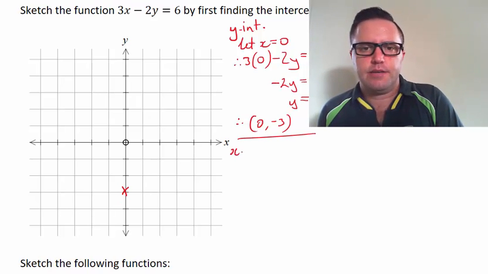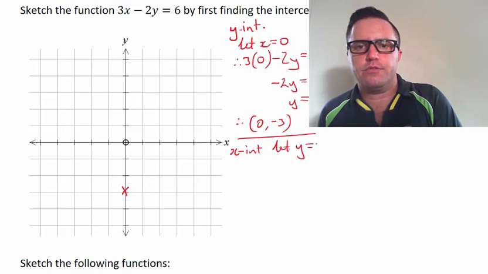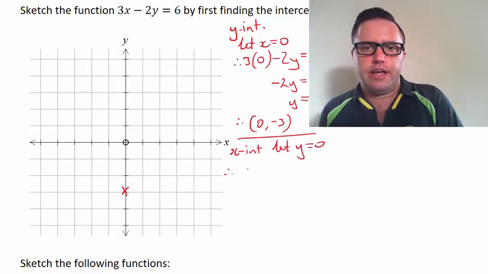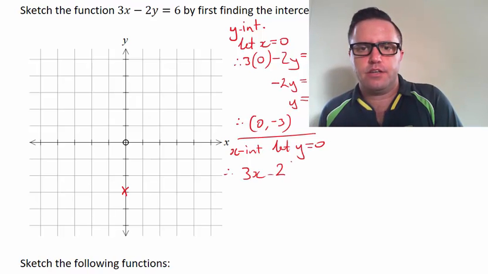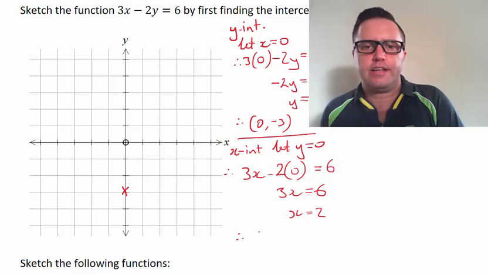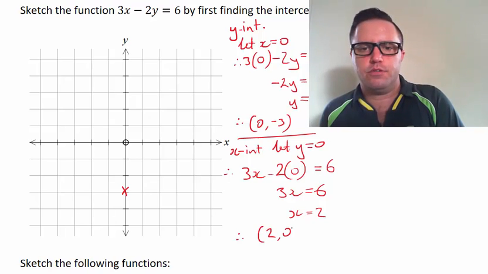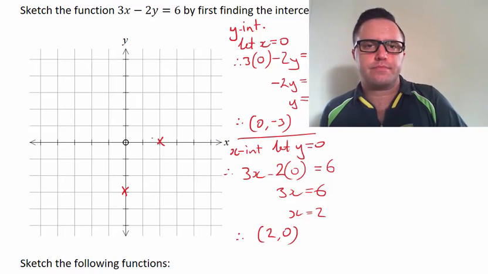Now let's find our x-intercept. Remember that is where we let y equal 0. So we now have 3x minus 2 times 0 equals 6. So 3x is equal to 6 and x is equal to 2. Therefore our x-intercept will be at (2, 0), which is here.